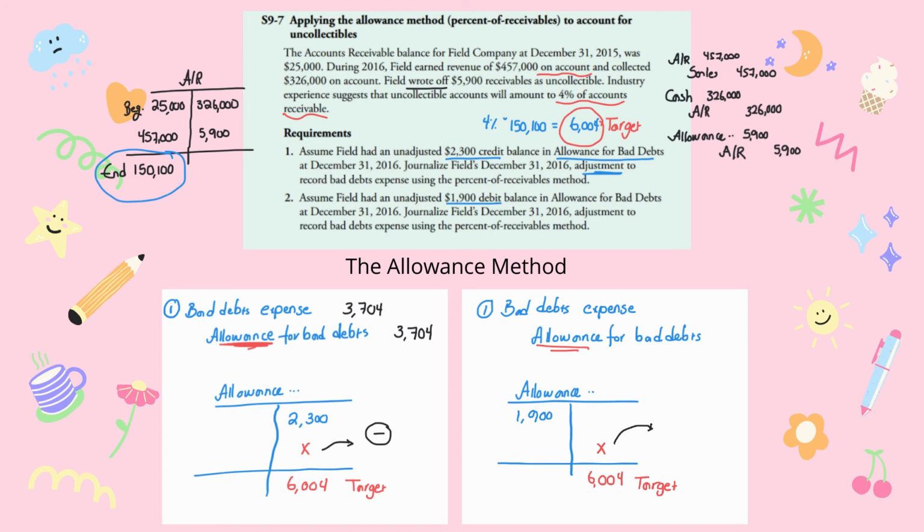Again, since the target or the ending balance is on the credit side, it means the credit side was greater than the debit side by 6,004. So X was greater than 1,900 by 6,004. So to solve for X, I need to add 1,900 to 6,004. So it's gonna be 7,904.